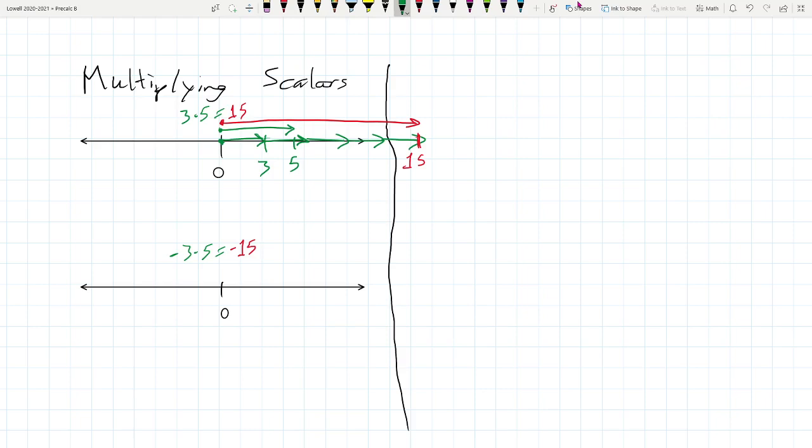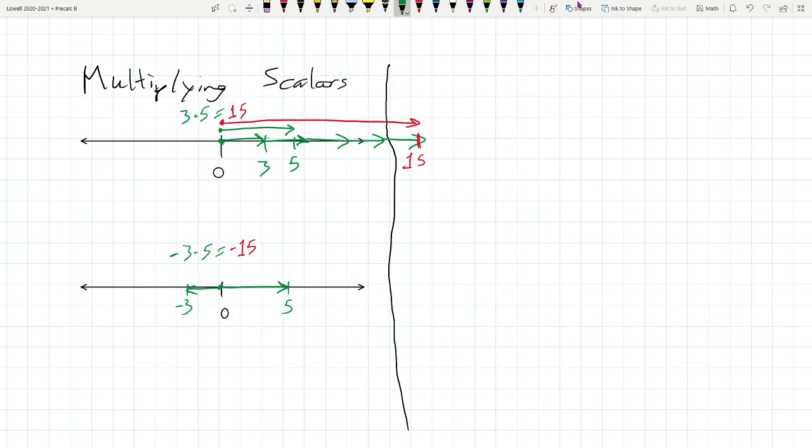But we can also illustrate it like so, because pretend that the negative 3 is represented over here, pointing to the left. And again, the 5 goes over here. And so this just says, okay, use the negative 3 vector 5 times.